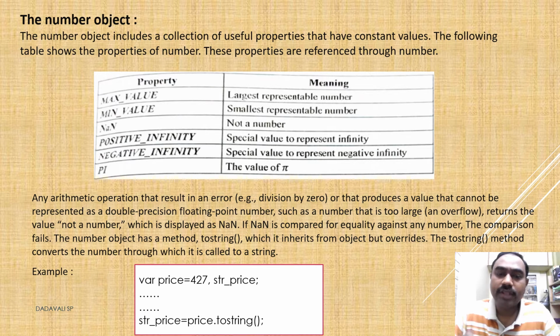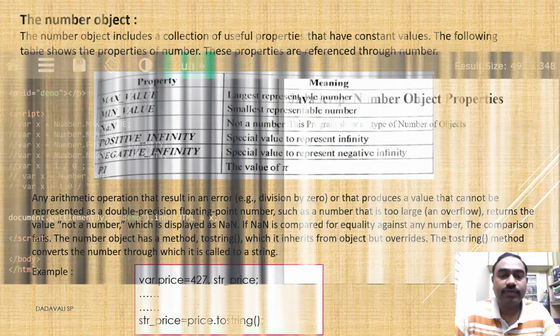If NaN is compared for equality against any number, the comparison fails. The Number object has a method toString, which it inherits from Object but overrides. The toString method converts the number.